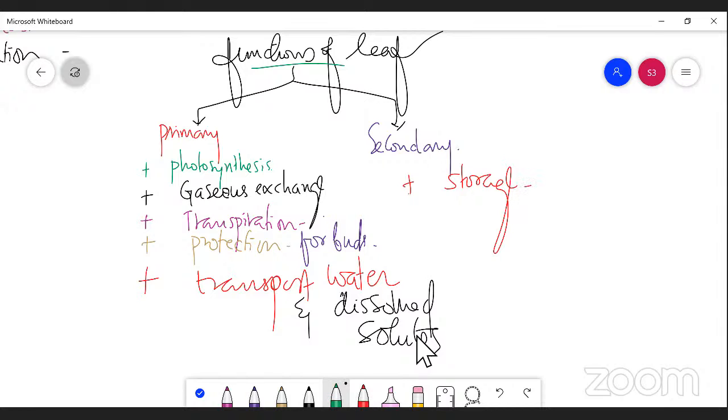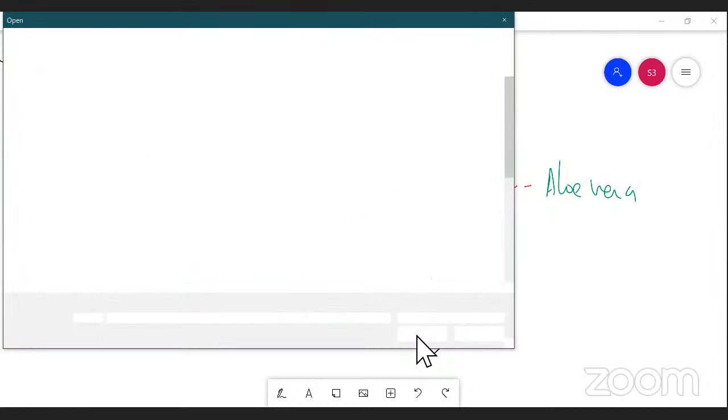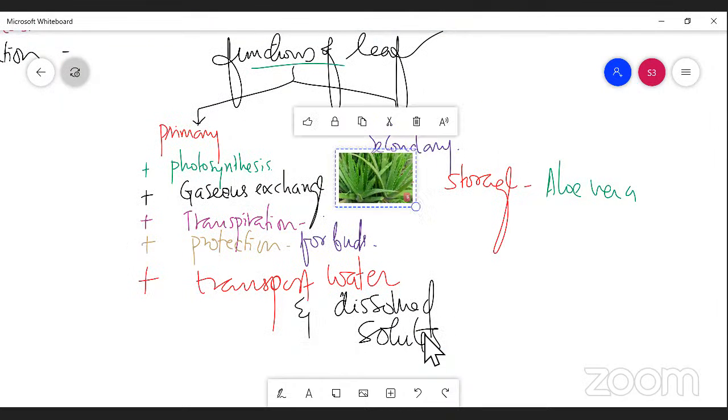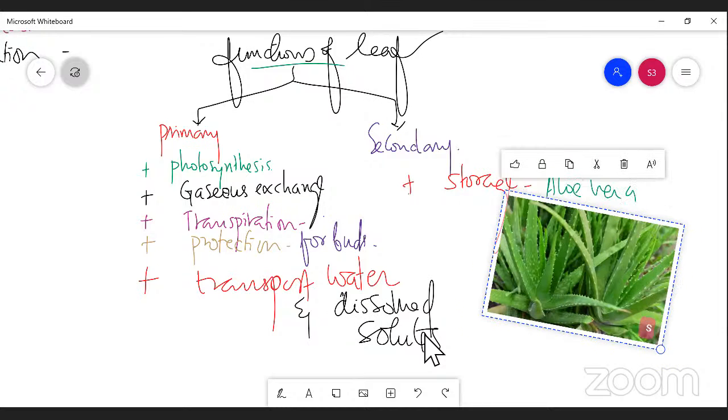For that, I'd like to give an example, aloe vera. These leaves are highly essential for the storage of food, right? I'm going to show you so that you can understand. So this is a plant of aloe vera. I'm talking about the first function, storage.